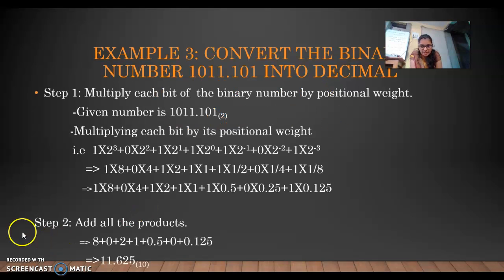Add all these products: 1 into 8 is 8, 0 into 4 is 0, 1 into 2 is 2, 1 into 1 is 1, 1 into 0.5 is 0.5, 0 into 0.25 is 0, 1 into 0.125 is 0.125. Add all these, you will get 11.625. This is the decimal equivalent of 1011.101. This is how you have to convert.